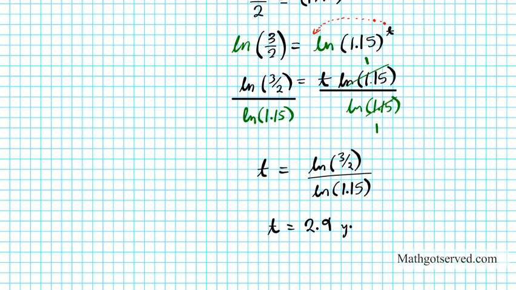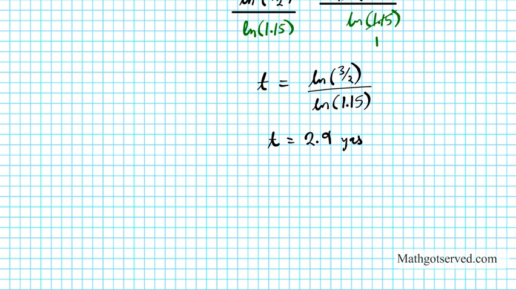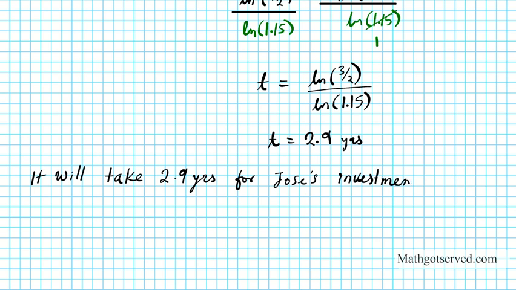Okay, now we have to state what this answer means. So what does this mean? It will take 2.9 years for Jose's investment to grow from $10,000 to $15,000.